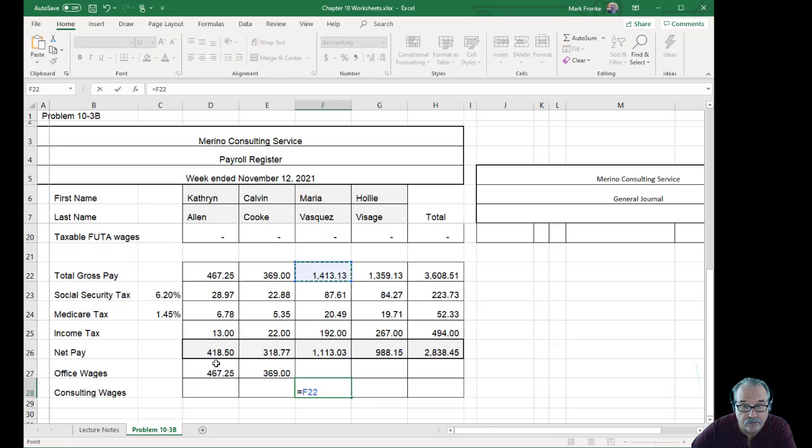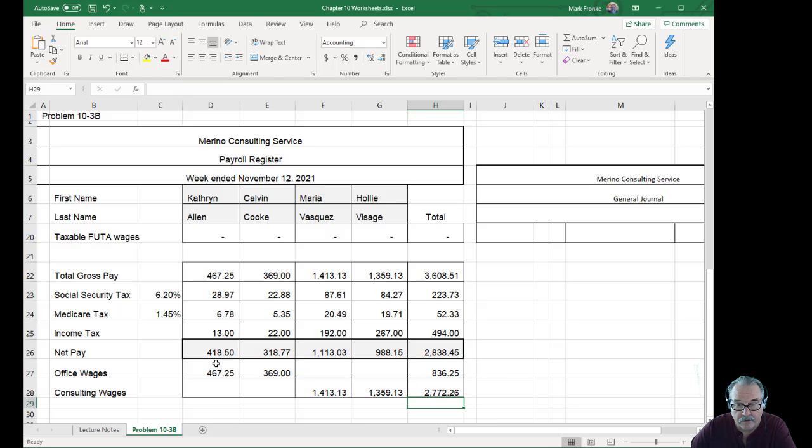So we'll bring down their gross wages, and then we'll total this up, and we'll see that we've got $836.25 in office wages and $2,772.26 in consulting wages. And that will just facilitate our journal entry.